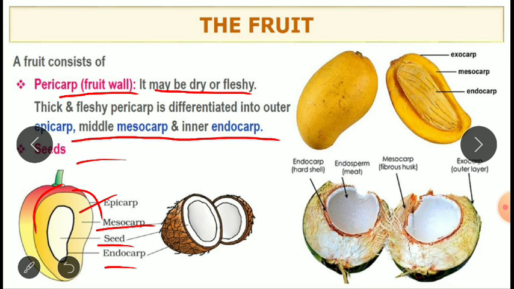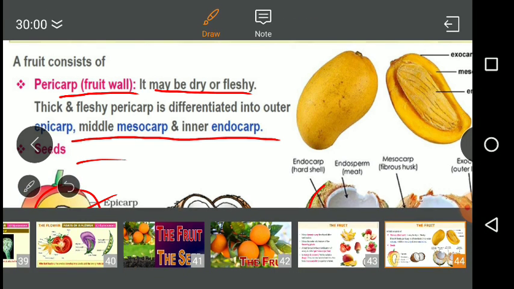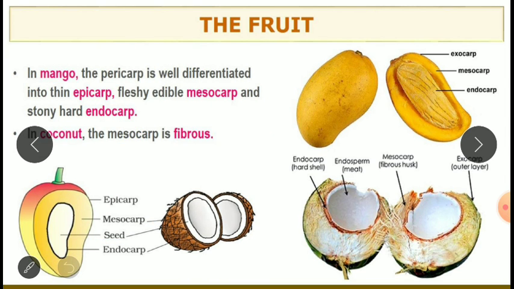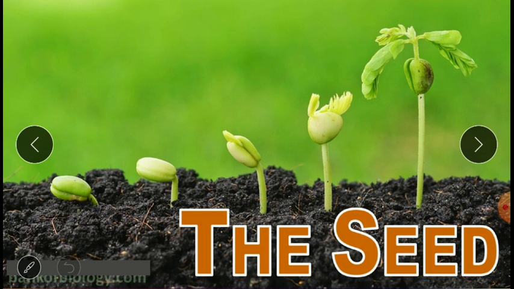But in the coconut, the outermost part is the epicarp, the fiber is the mesocarp, and the endocarp covers your coconut. Here you are not eating the fruit wall, but instead the seed endosperm. So in different fruits the edible parts are different. This is a short note about the fruit.